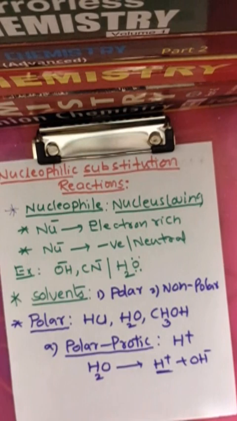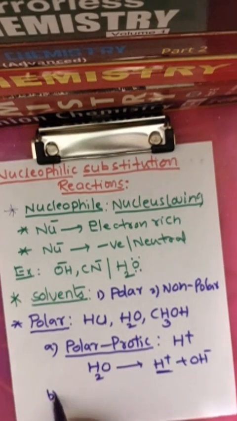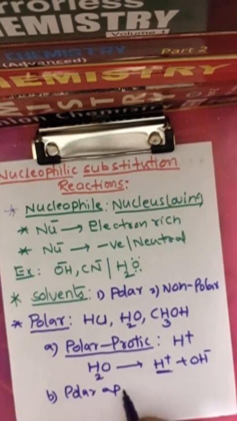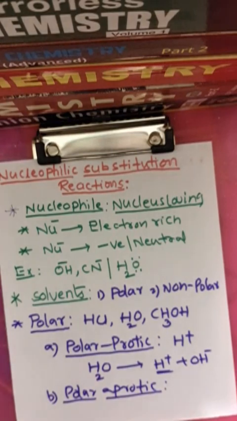Polar protic is nothing but proton donating. Polar aprotic means a polar compound which can't donate H plus ion. It is polar in nature, but it is not capable of donating H plus.